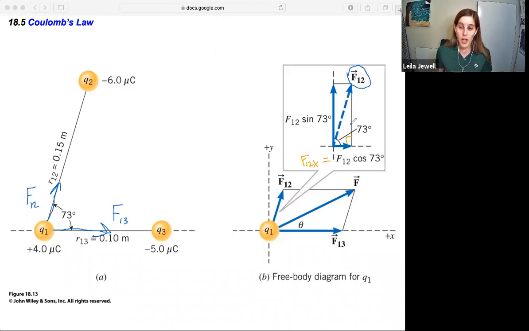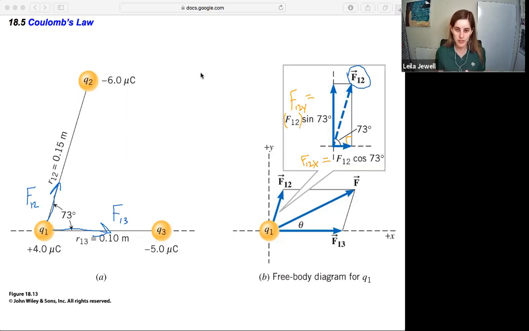Now, this opposite side will then give us the y component, so F12y is given by the magnitude of F12 times sine of 73 degrees. Once we've broken it down into x and y components, then we can focus on just combining all of the x components and all of the y components.